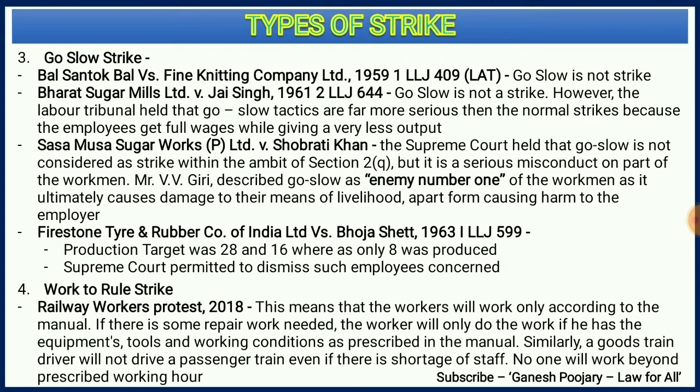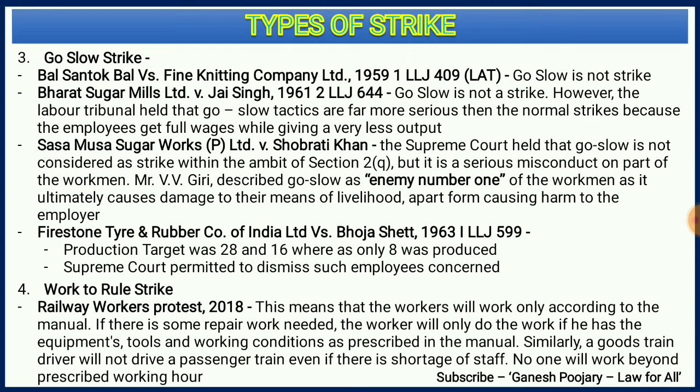And in Sasa Musa Sugar Works Private Limited versus Shobhrati Khan, Justice V.V. Giri held that this is enemy number one, because by doing go slow, the employee becomes responsible for misconduct, and by that he may lose his job, which affects his livelihood. Same way, the employer is also losing his output. So it is enemy number one as far as V.V. Giri is concerned.